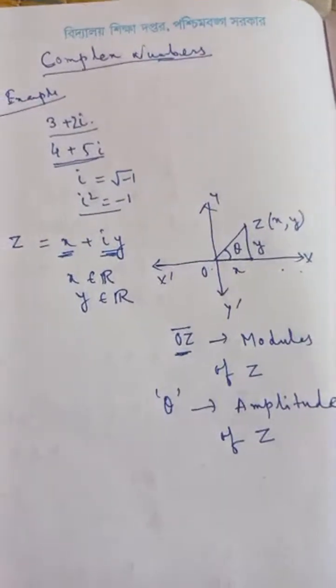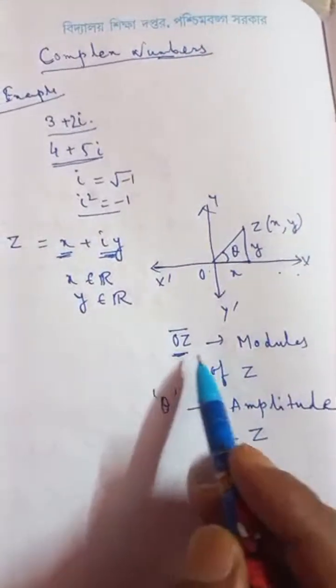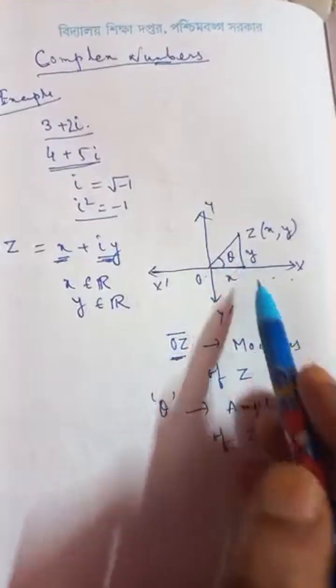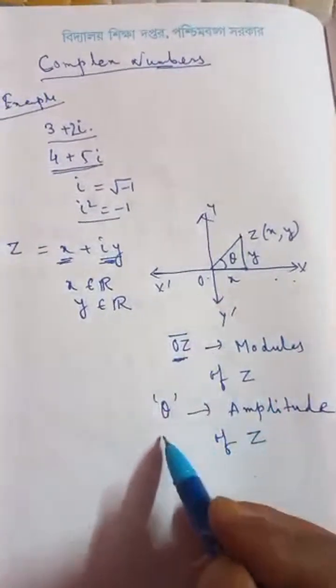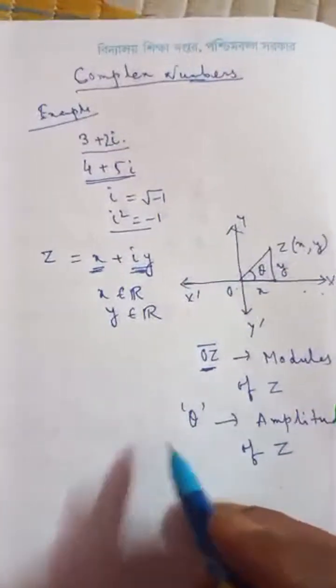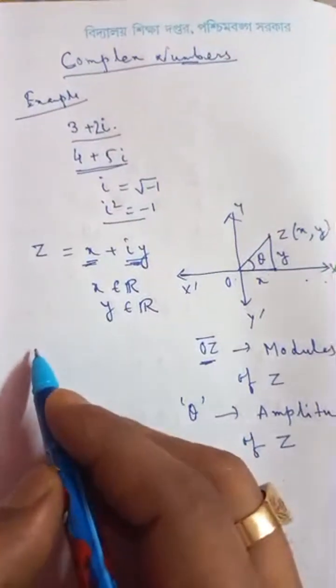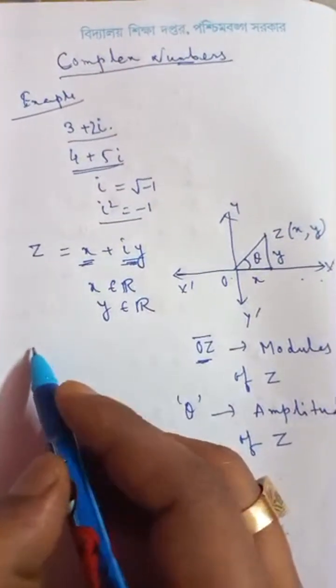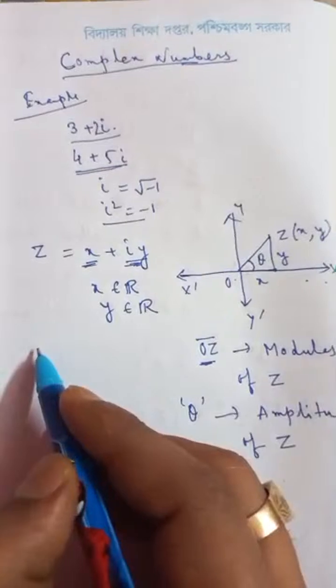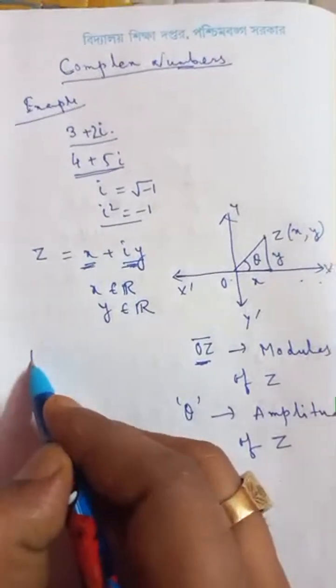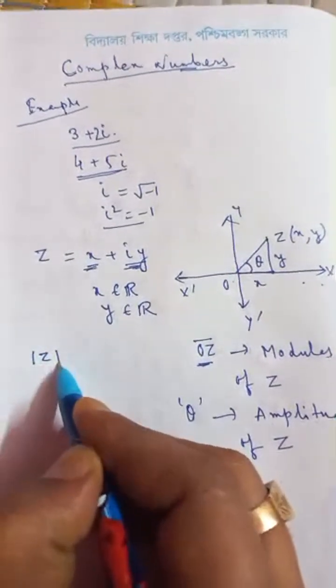Now how can we represent the modulus and the amplitude through x and y? The modulus is represented as mod z.